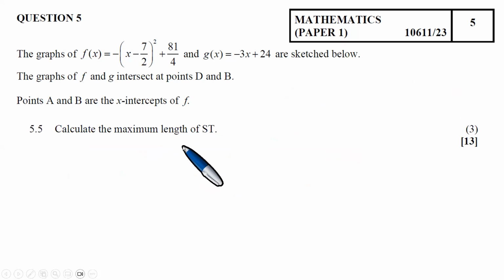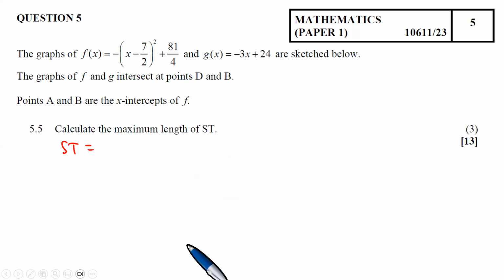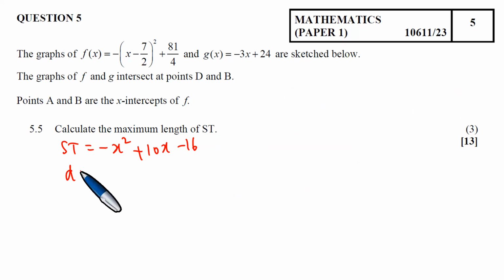Calculate the maximum length of ST. We recall that ST is minus x squared plus 10x minus 16, which means dST/dx is minus 2x plus 10, and we must equate this to 0.